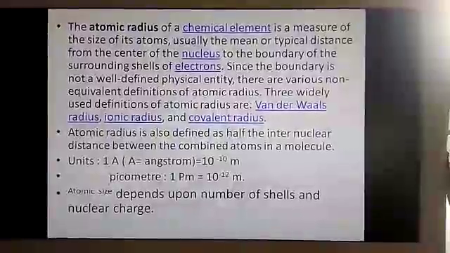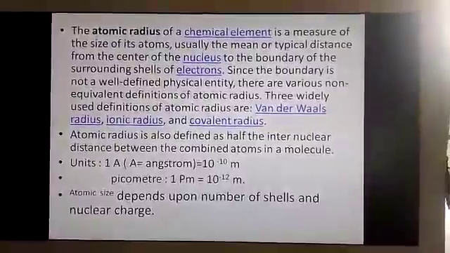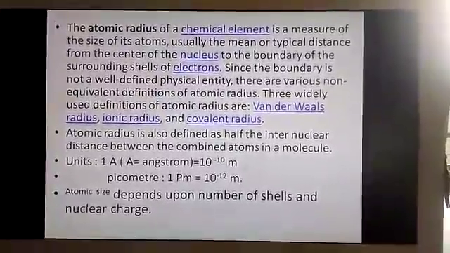Atomic radius is what? The atomic radius of a chemical element is a measure of the size of its atoms, usually meaning the typical distance.